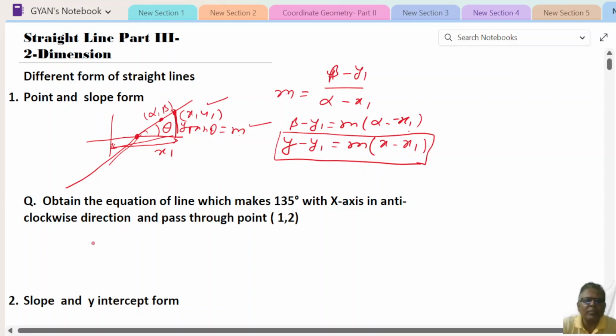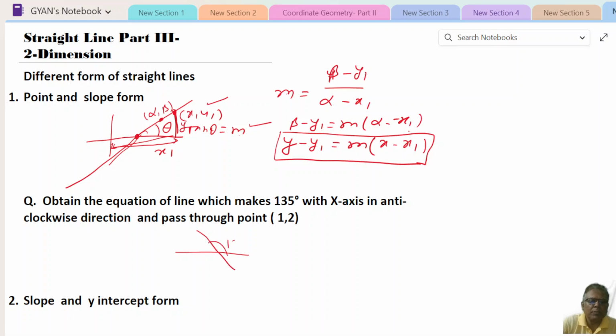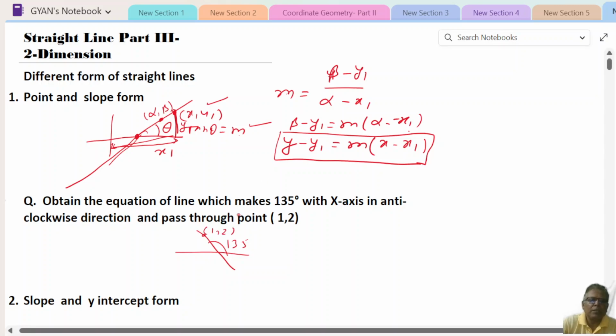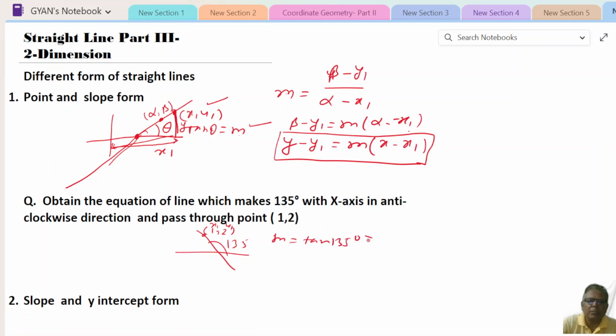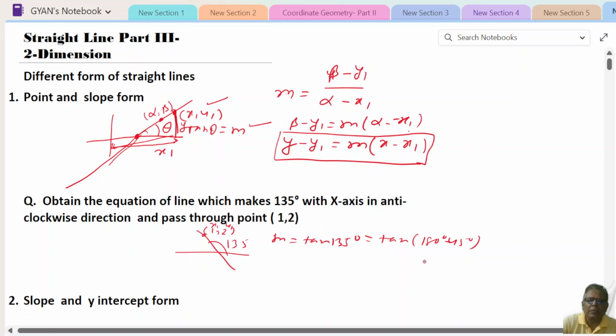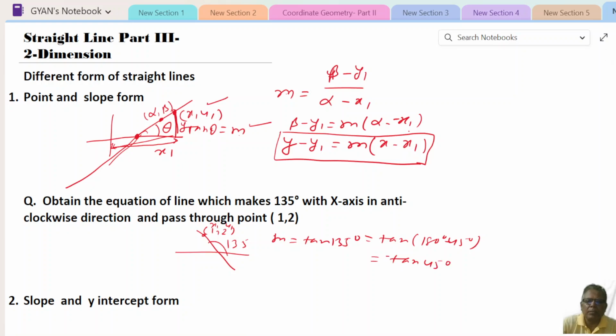Now we can solve one question: obtain the equation of the line which makes 135 degrees with the x-axis in the anti-clockwise direction and passes through the point (1, 2). So this is x1, this is y1, and m is equal to tan 135 degrees, which is tan (180 degrees minus 45 degrees), which is minus tan 45 degrees, that is equal to minus 1.